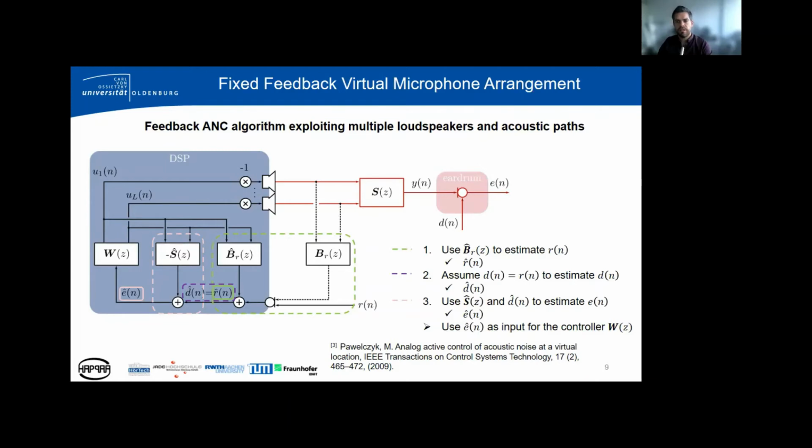Using the estimated noise sound field at the eardrum D hat and the estimated secondary path S hat, the sound pressure at the eardrum E is estimated. The estimated sound pressure at the eardrum E hat is used now directly as input to a controller.